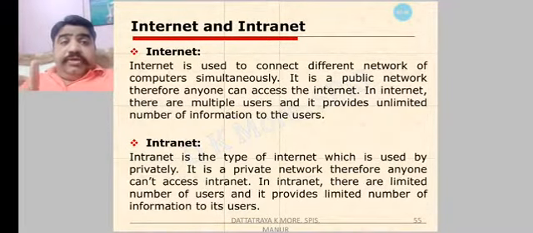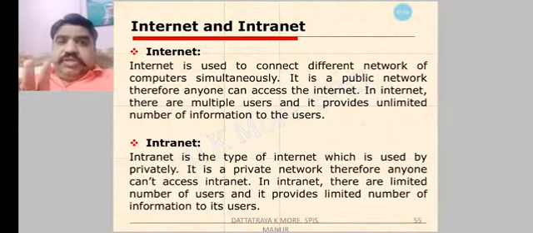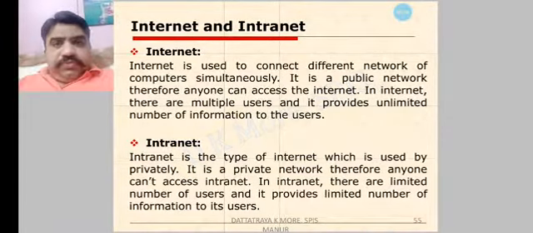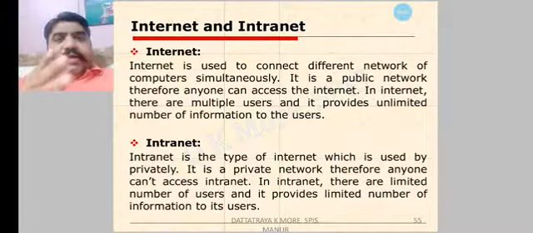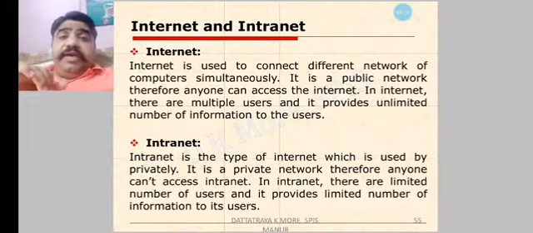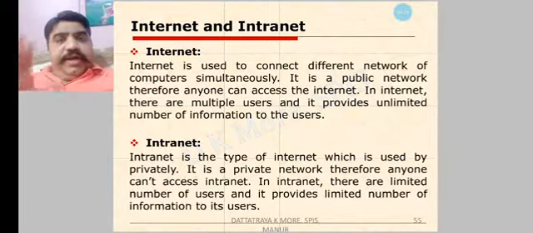In intranet there are limited number of users and it provides limited number of information to the users, and that information is secured by password, that is login ID and password. So for example, in any company where intranet is there, all the employees of the company can share things through that. Outside of the company nobody can use it.